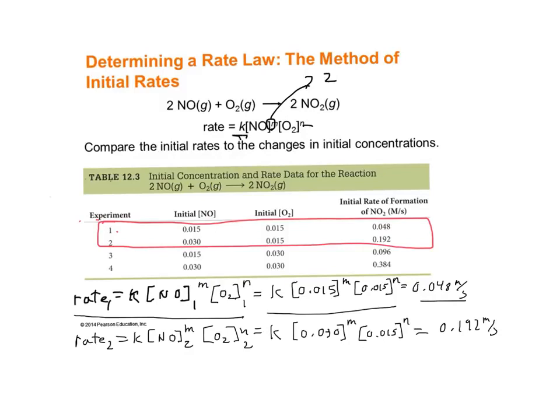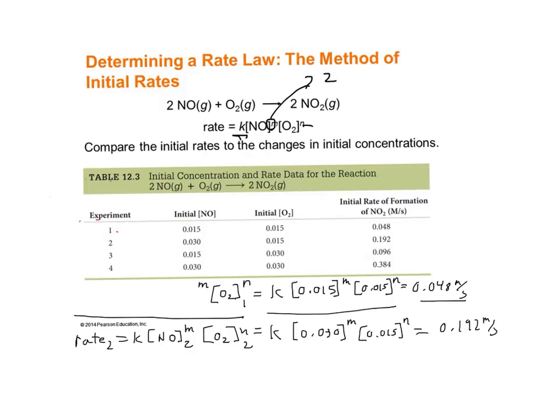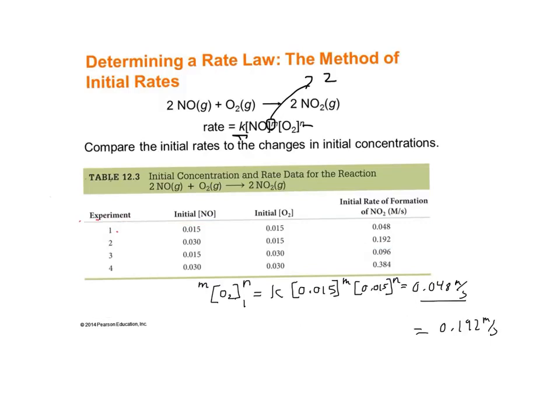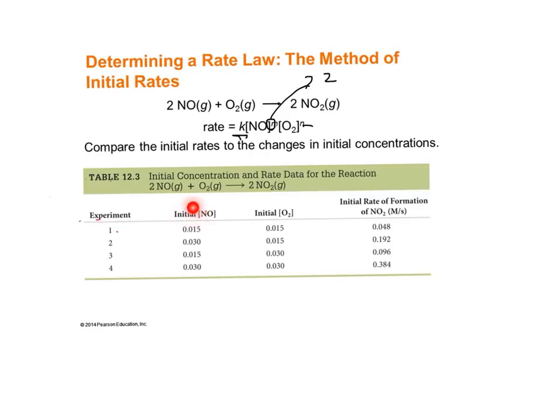To find n, we're going to repeat the exact same process that we did last time. However, this time, we're going to have to choose two different equations. We want to choose two experiments such that our nitrogen monoxide cancels out this time.